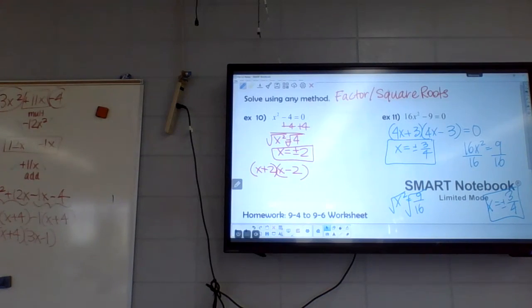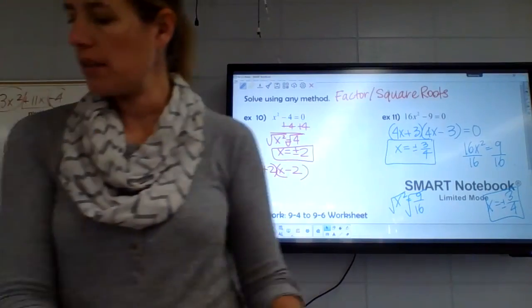The first two are already factored for you, so all you need to do is solve them. They're kind of like the first two.